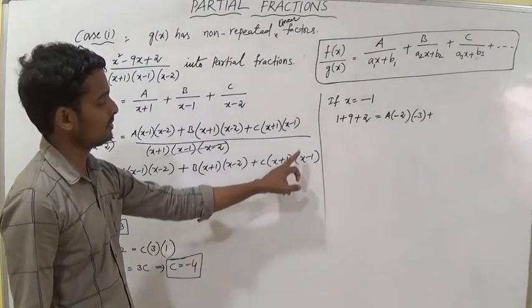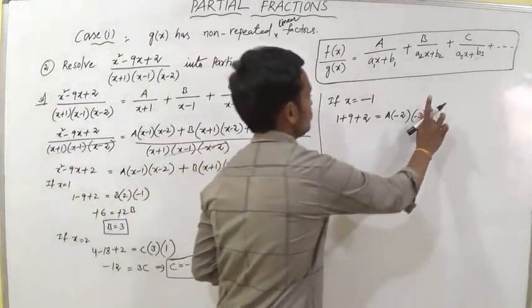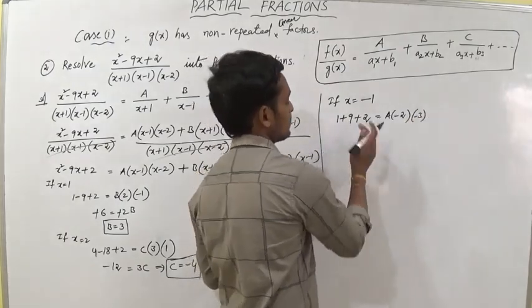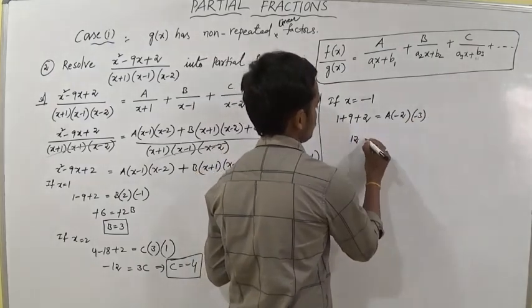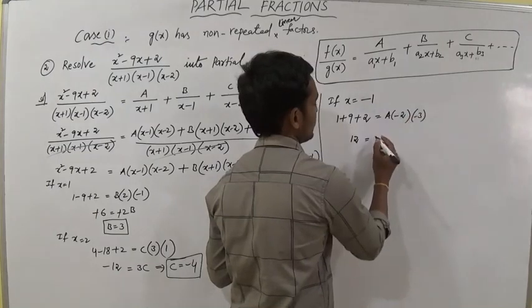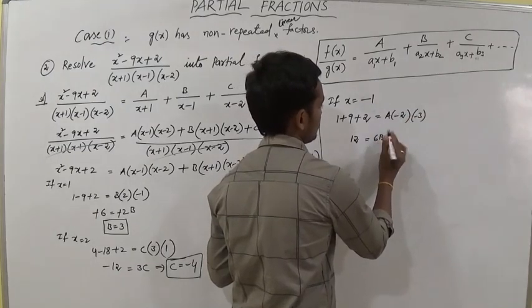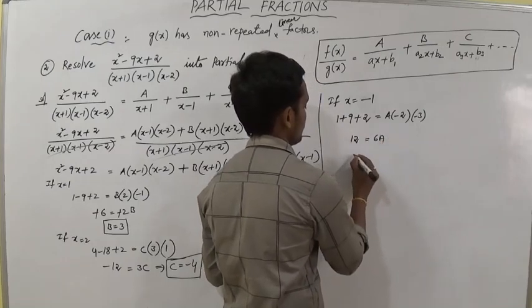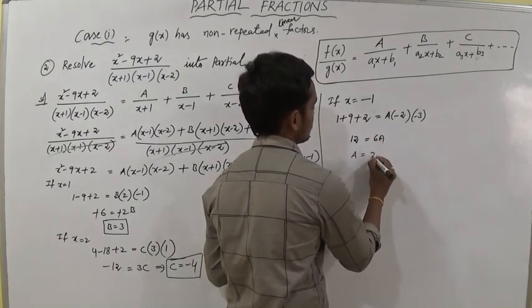For the C term, minus 1 plus 1 is 0, so C is 0. So there is nothing else. If we solve this, 9 plus 1 is 10, 10 plus 2 is 12. 12 is equal to 6A. That implies A is equal to 12 by 6.